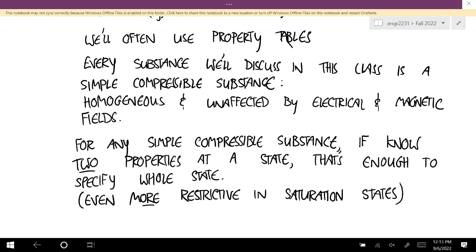Some is frozen and some is a compressed liquid, or in between the other two states, where some is a liquid in the saturation state and some is a vapor in the saturation state. You only need to know one property in those cases to specify the other properties. So what we're going to see is that when things are in between phases, undergoing phase change, it takes even less to figure out the state of those materials, and we'll take advantage of that.